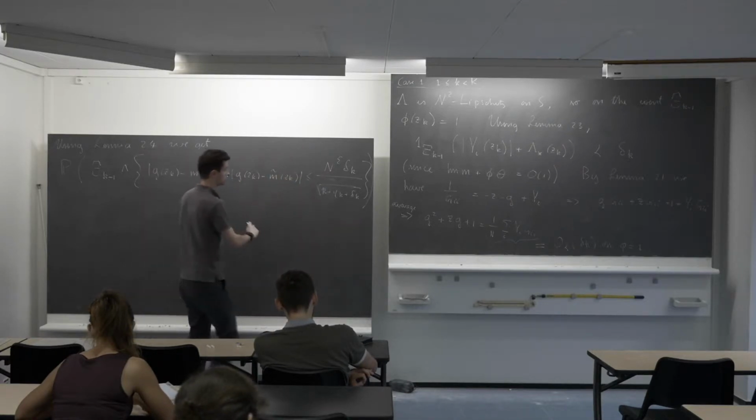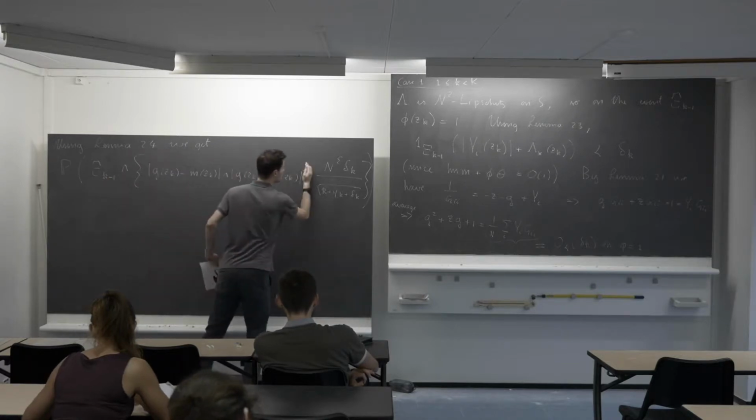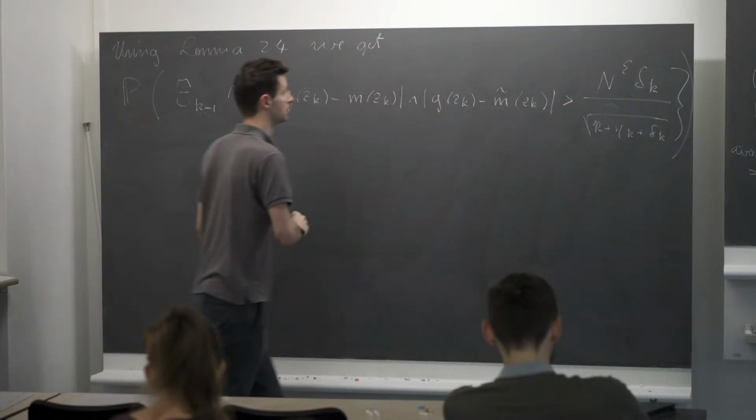And since we know that this is true with very high probability on this event, we find that the complementary probability has to be small.